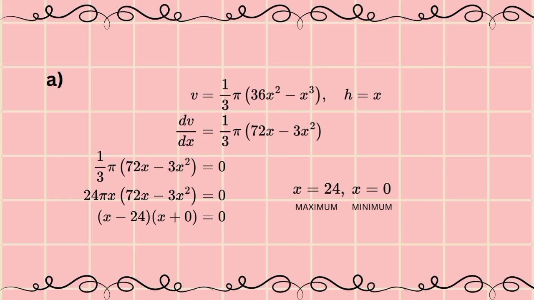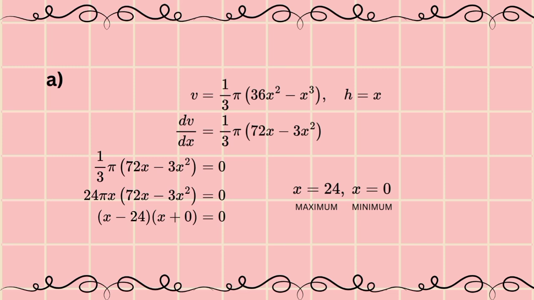After that, we have to find our x. We have to keep in mind that dV per dx equals 0 in order to find x. Then we multiply 1 per 3 pi with 72x and negative 3x squared.